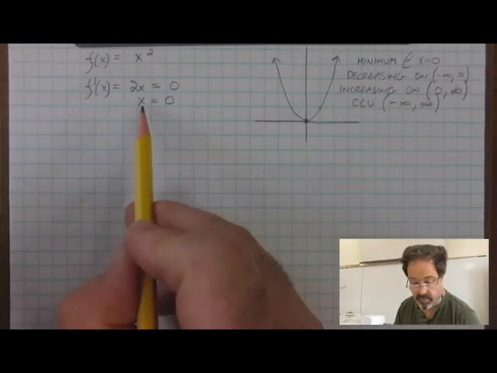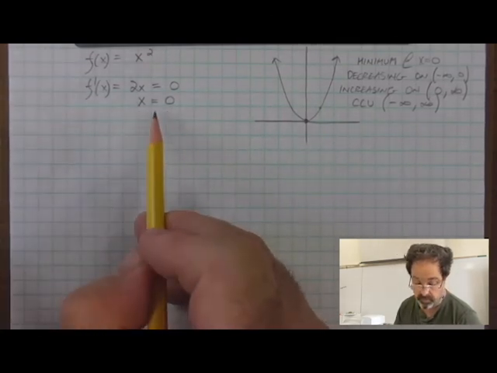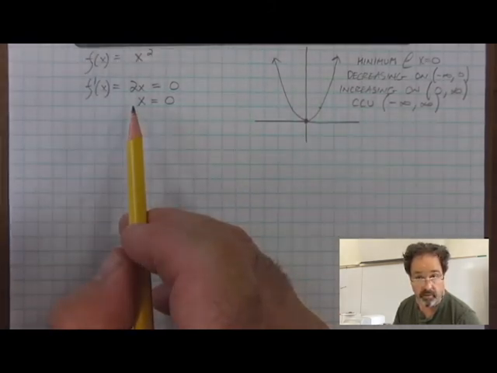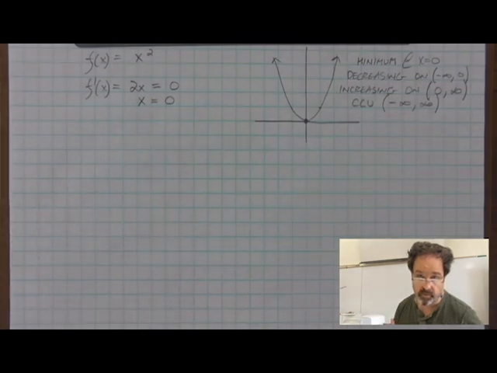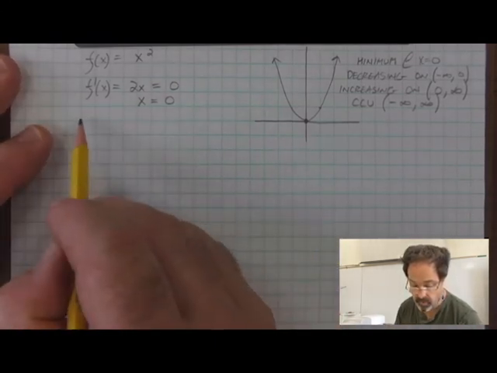And the value of x that makes the derivative 0 is 0. We call this, the location where the derivative is 0, a critical point. Critical point highlights the fact that I'm going to expect to be able to further justify that I have behavior there, interesting behavior, like extrema. So how do I do that?